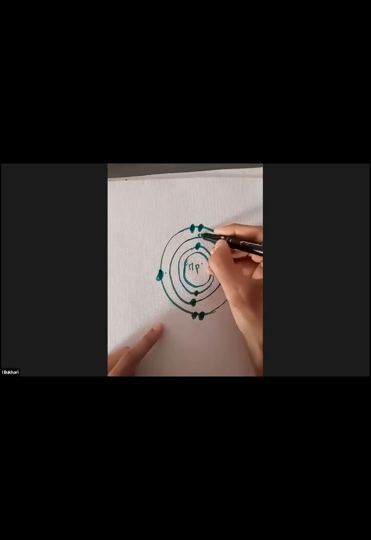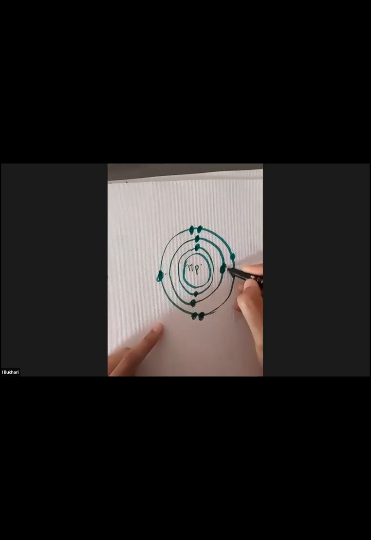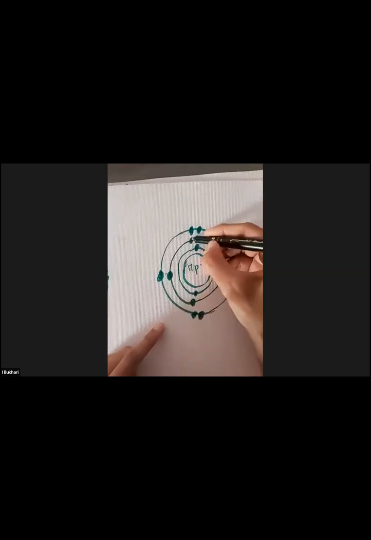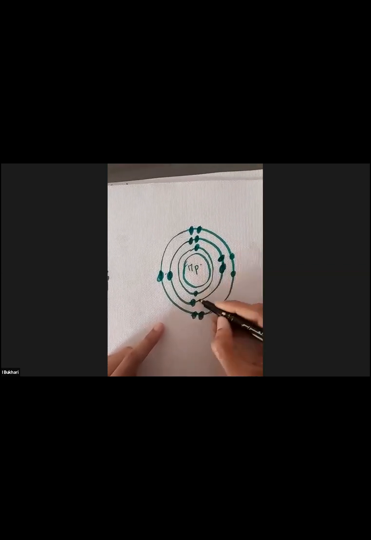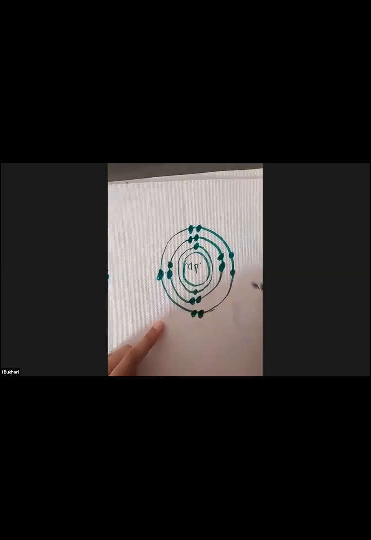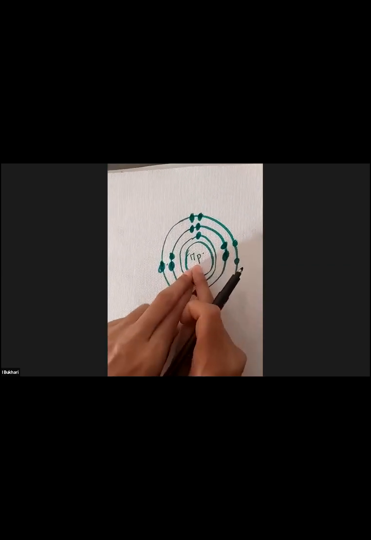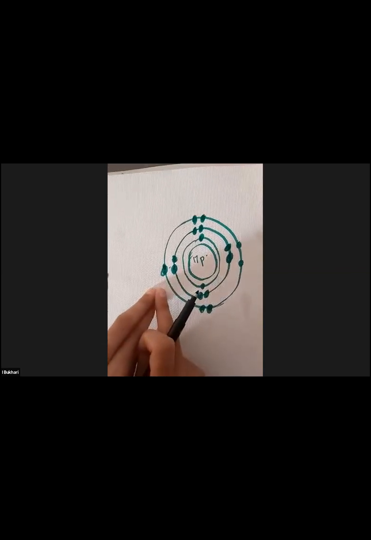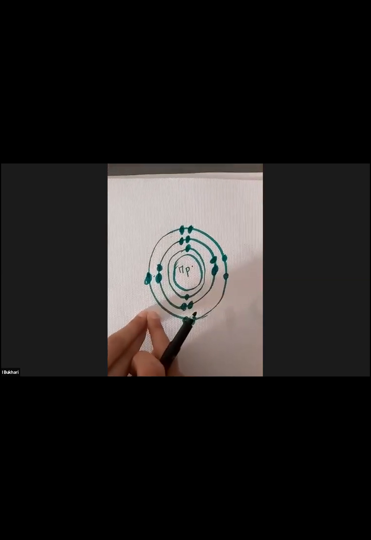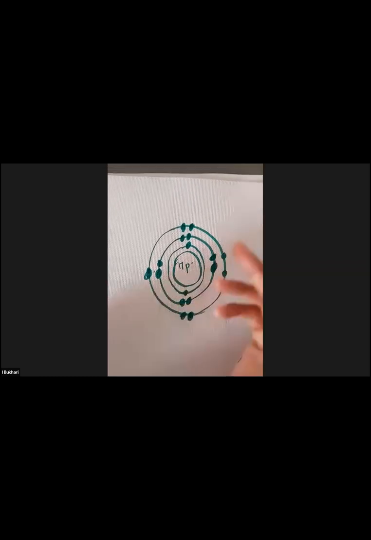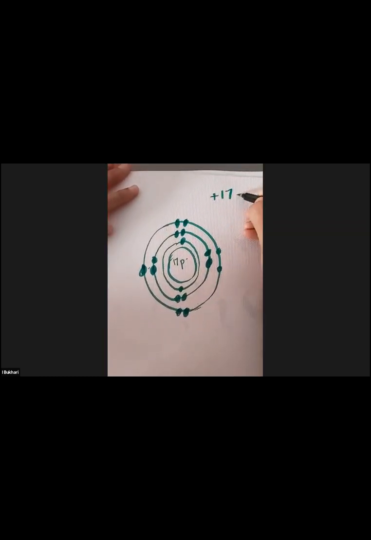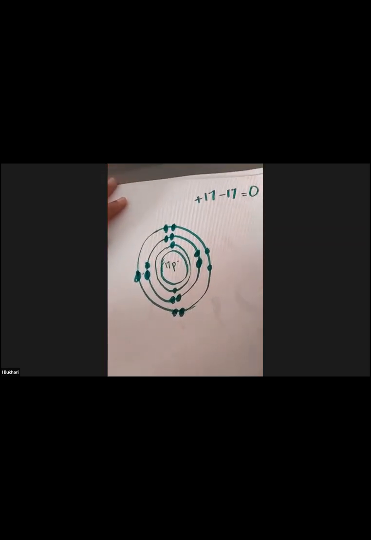Again, they will sit single first, then they have to pair up. So they're pairing up like this. So this is my chlorine atom, right? Now this has 17 protons, 17 positive charges, and 17 electrons, 17 negative charges, right? So 17 plus 17 minus gives me 0.